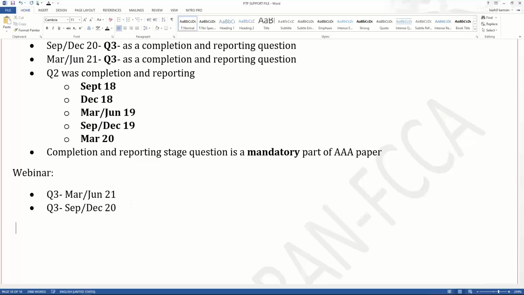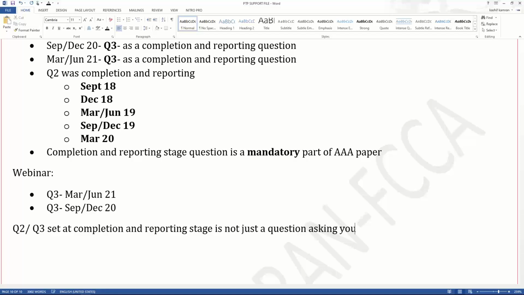Now, the first thing you need to understand is that our reporting question, a question 3 or a question 2, set at completion and reporting stage, is not just a question asking you your reporting knowledge.